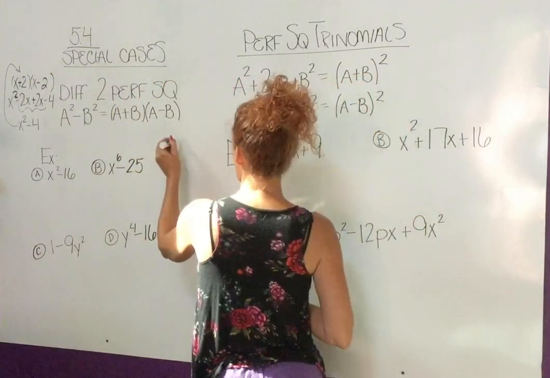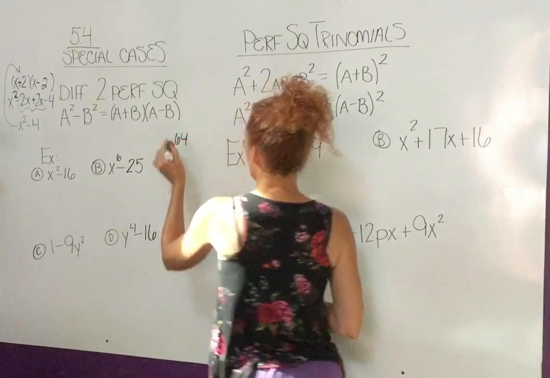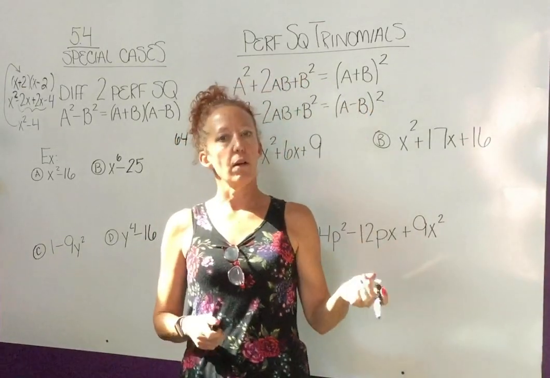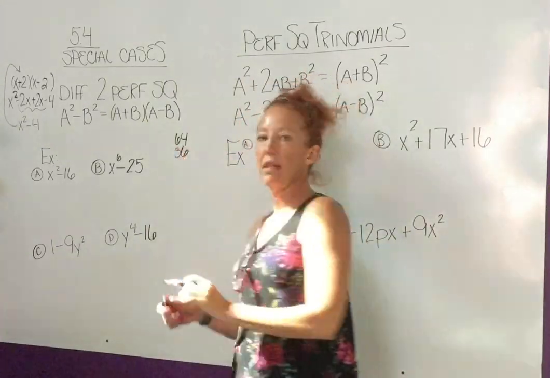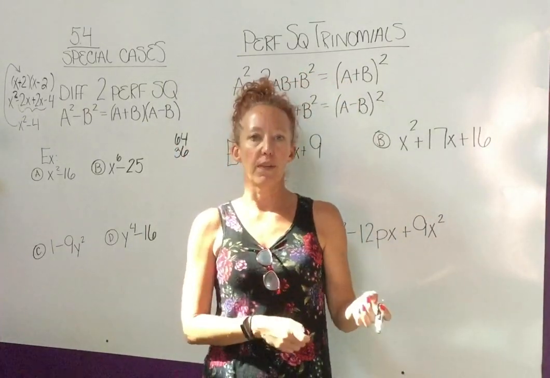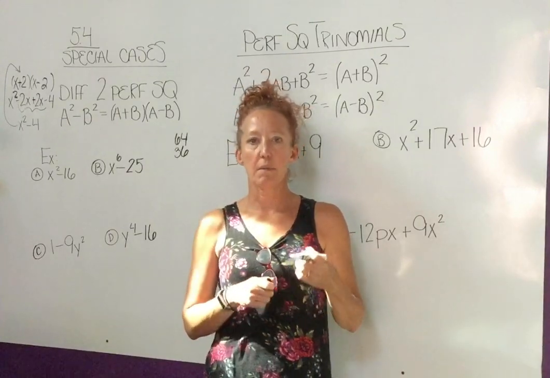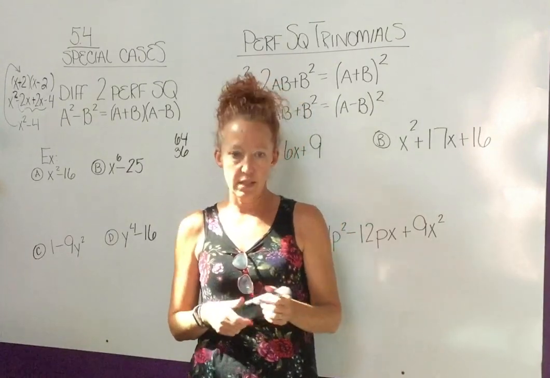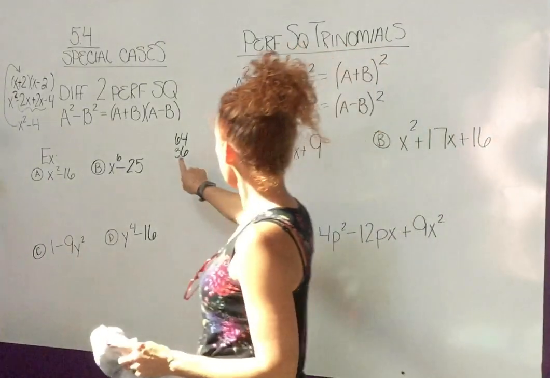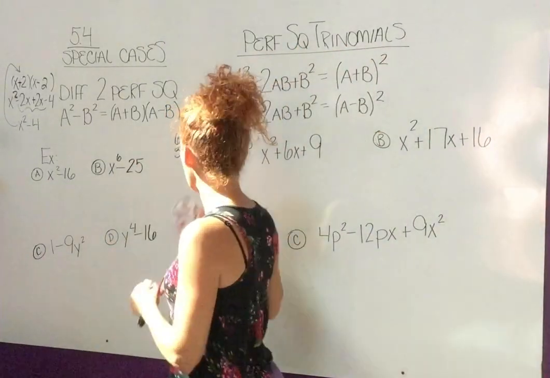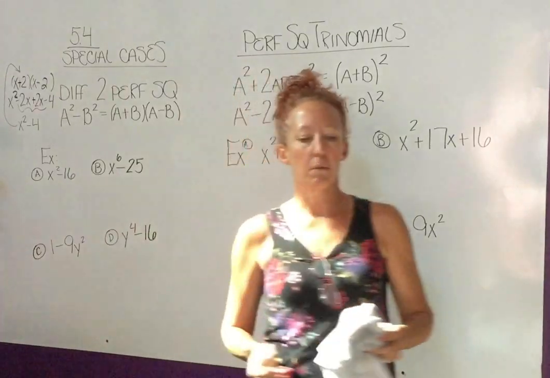So for instance, if I throw up 64, you automatically think, oh, that's 8 times 8. Or if you see 36 and you go, oh, I know that's a perfect square, it's 6 times 6. So that's the type of number recognition I'm talking about. And I specifically chose ones that I know I don't already have up here on the board.